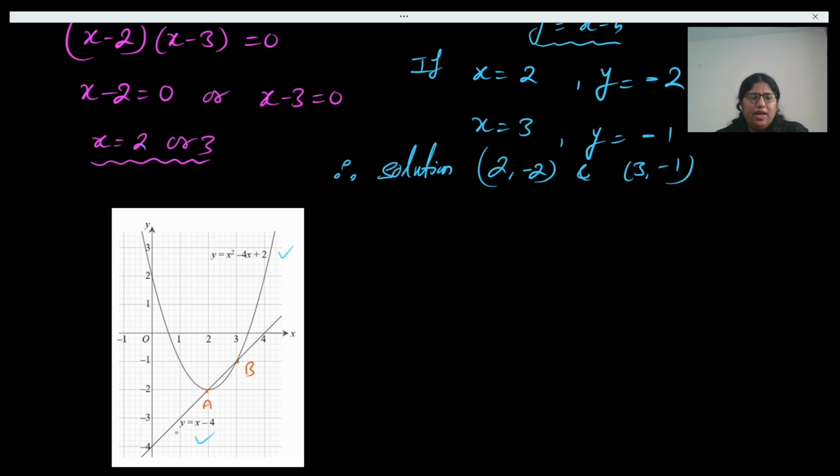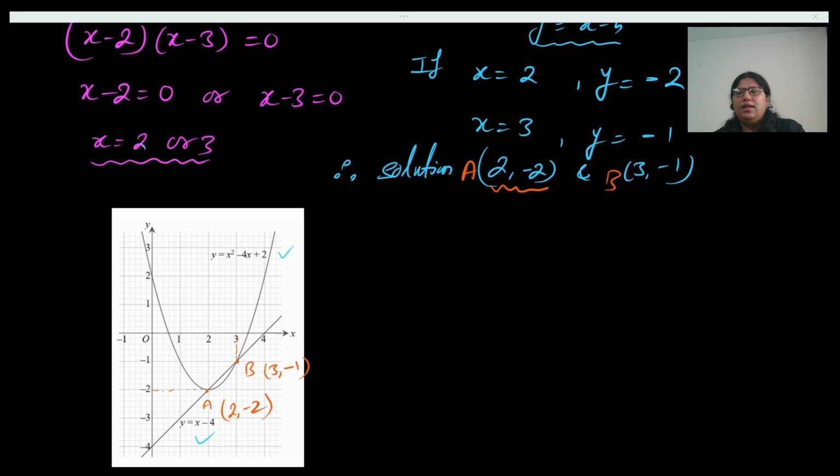If I take points A and B, the coordinates of A are 2 comma minus 2, and B is 3 comma minus 1. So these are the two solutions. Whenever you have a parabola and a linear equation, we call it a non-linear simultaneous equation.